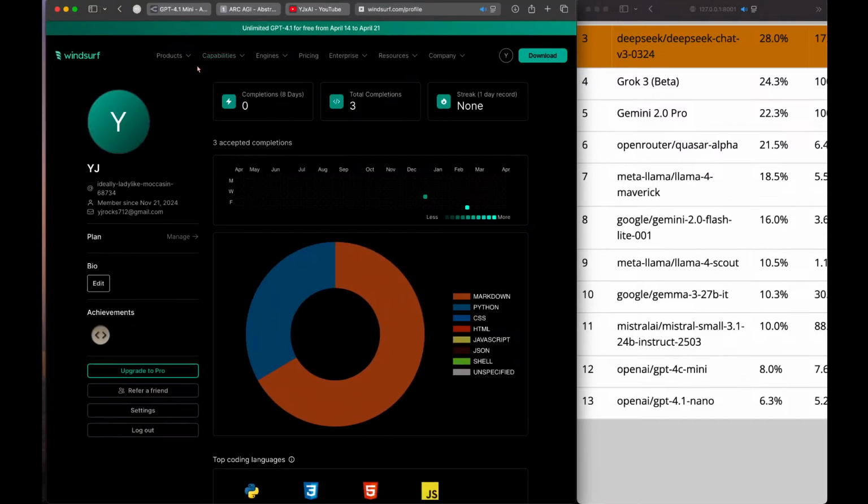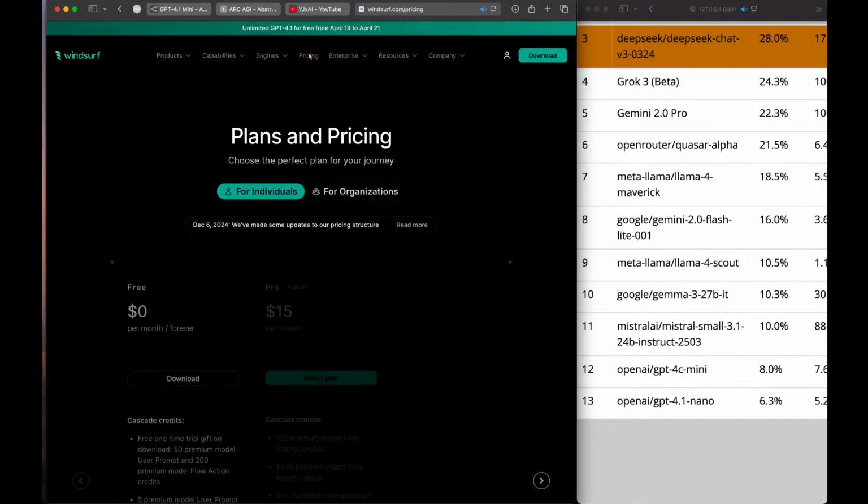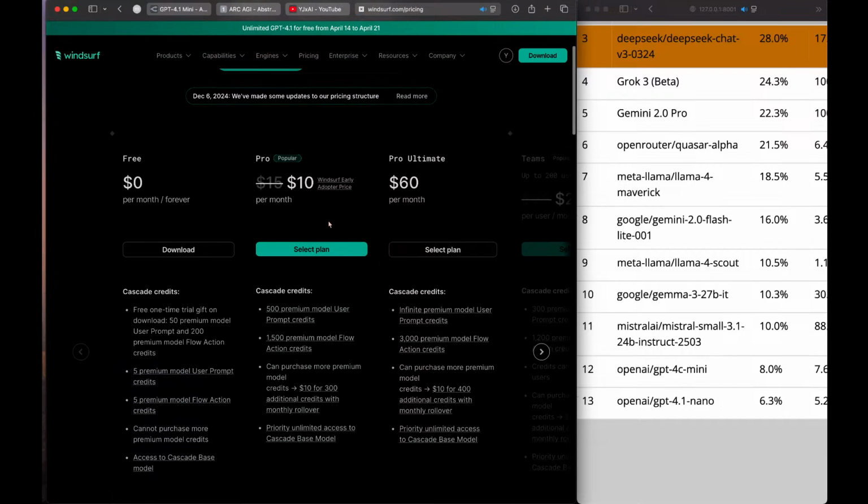Yeah, now I can go and see the pricing. You can see the $15 plan, I get it for $10 because I'm an early adopter. When Windsurf was just released, they gave it for free for a week, I guess.